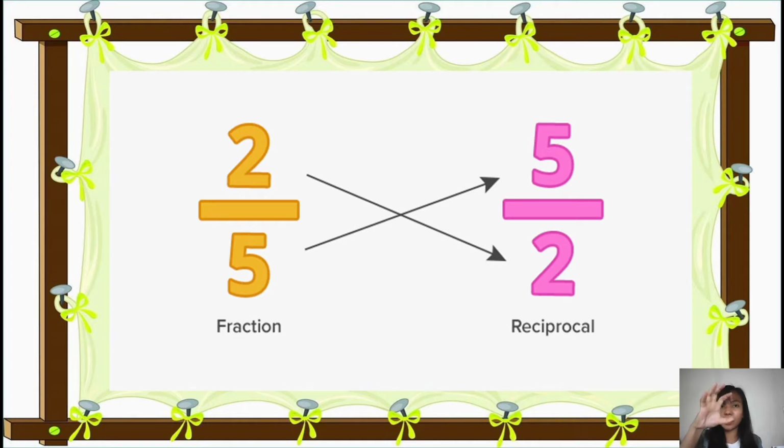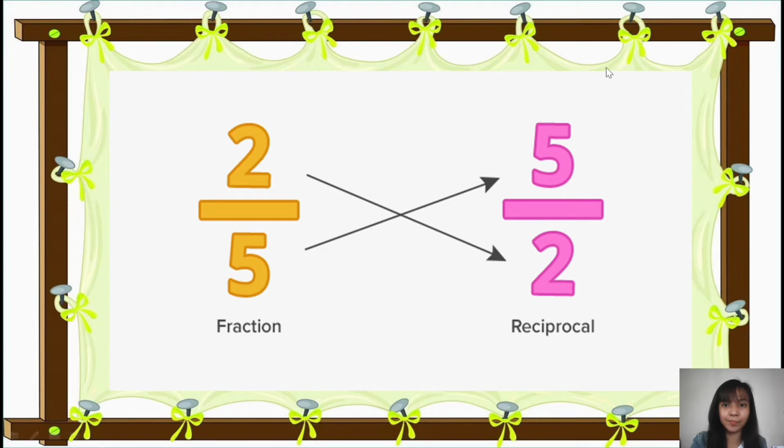The numerator will become the denominator and the denominator will become the numerator. Like in this example, the number 2 goes to the bottom, which is now the denominator. And the number 5, from being the denominator, becomes the numerator. So this is how you do the reciprocal of the fraction.